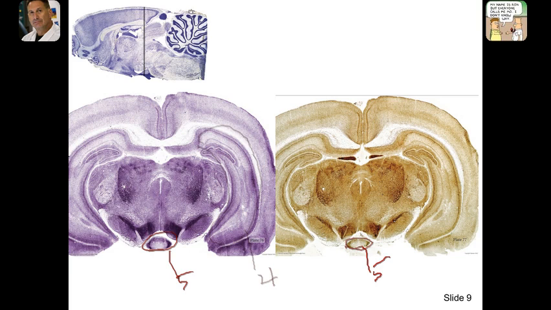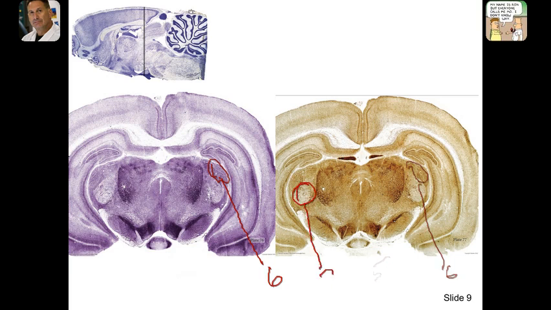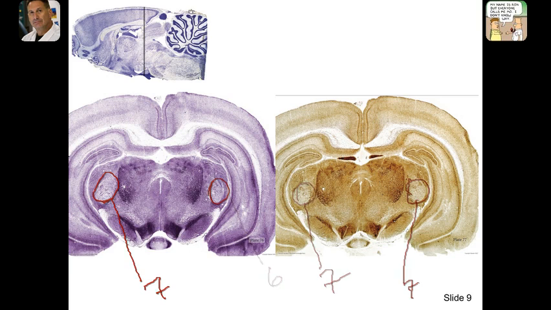We have our lateral geniculate and the medial geniculate. We have the cerebral peduncle, which is white matter here and here.